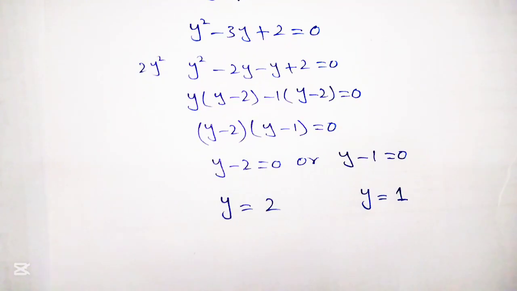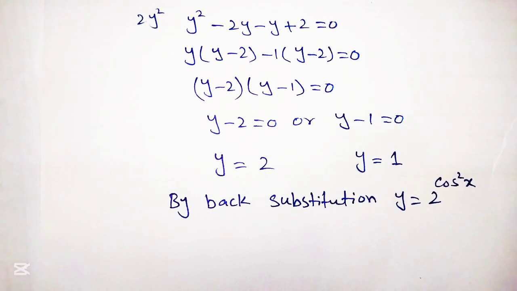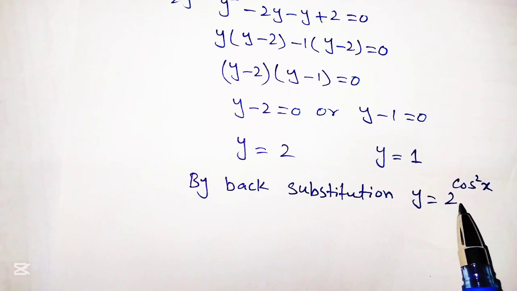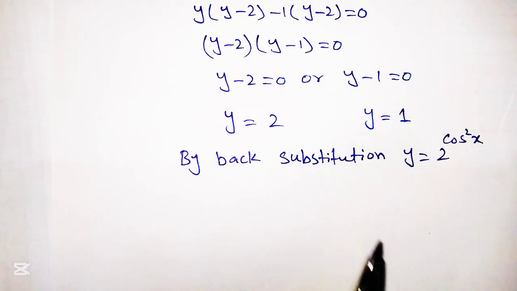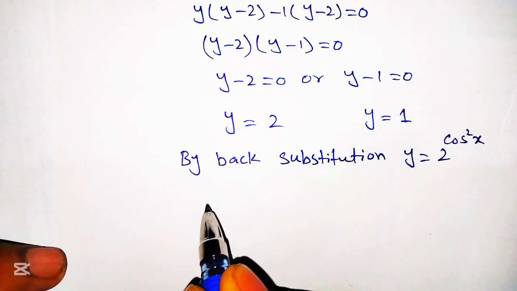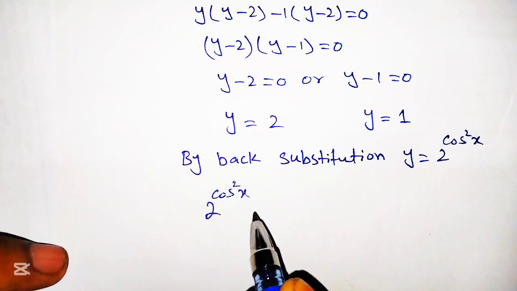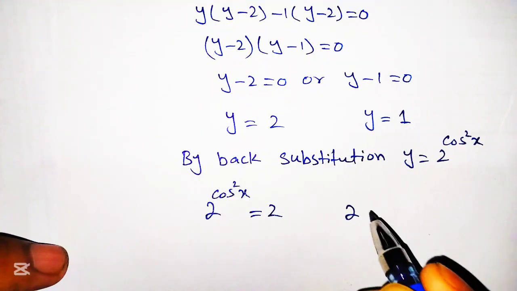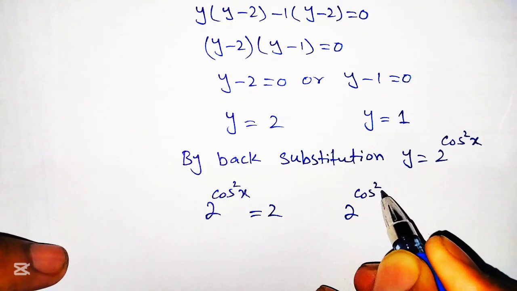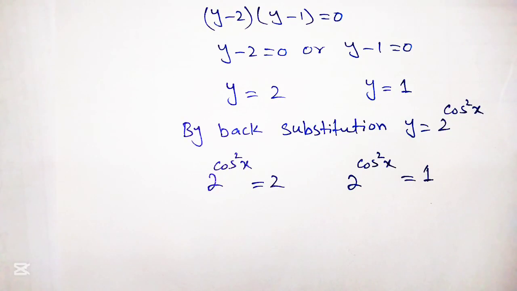Now by back substitution, by putting the value of y, that is y is equal to 2 raised to power cosine square x that we took earlier in the start, we will get 2 raised to power cosine square x is equal to 2, and 2 raised to power cosine square x is equal to 1.